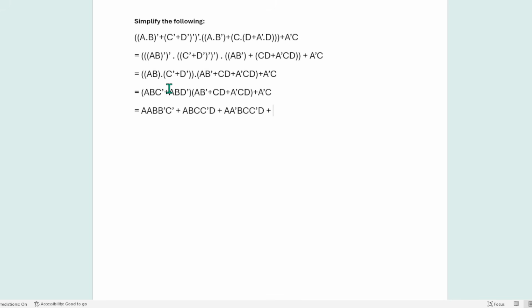For the next one, a b b prime d prime. There should be two a's because there is one a and there is another a. Then a b c d d prime, and then a prime b c d d prime, and a prime c stays as it is.